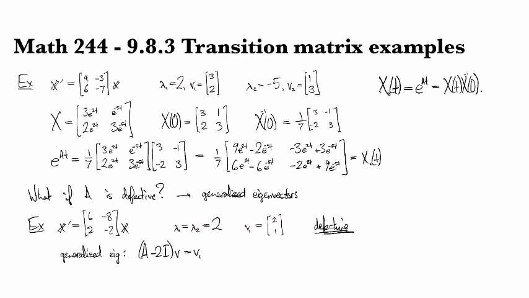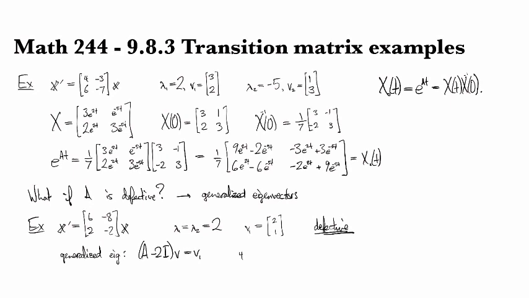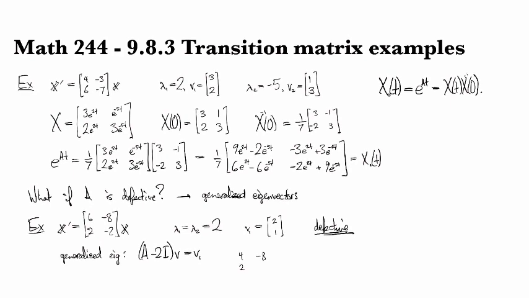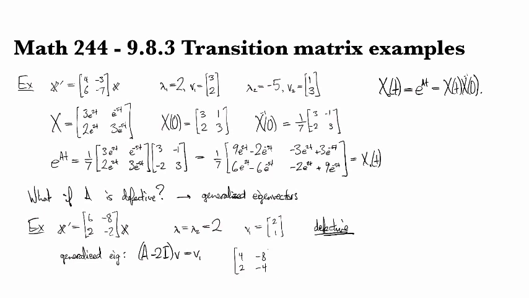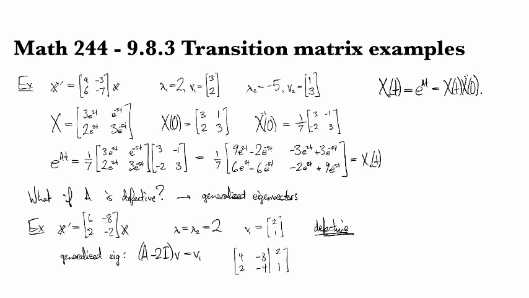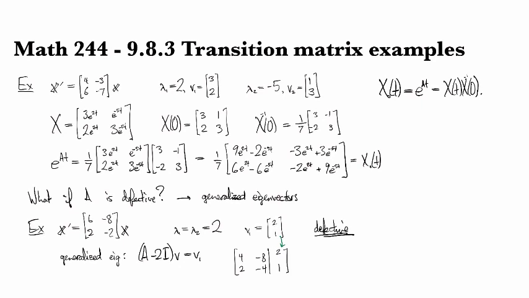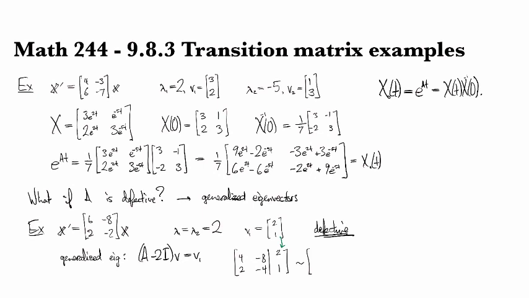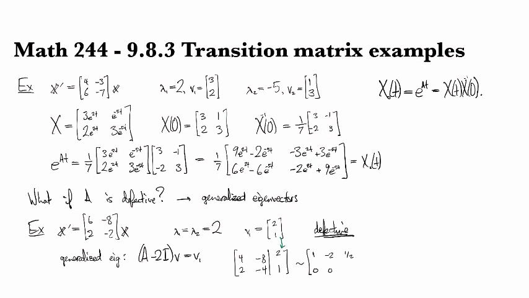So if I subtract 2 off the diagonal, I have 4, -8, 2, -4. And then we drop in 2, 1, our previously found eigenvector. That's the augmented part there. And we row reduce, and we find 1, -2, 1/2, 0, 0, 0.